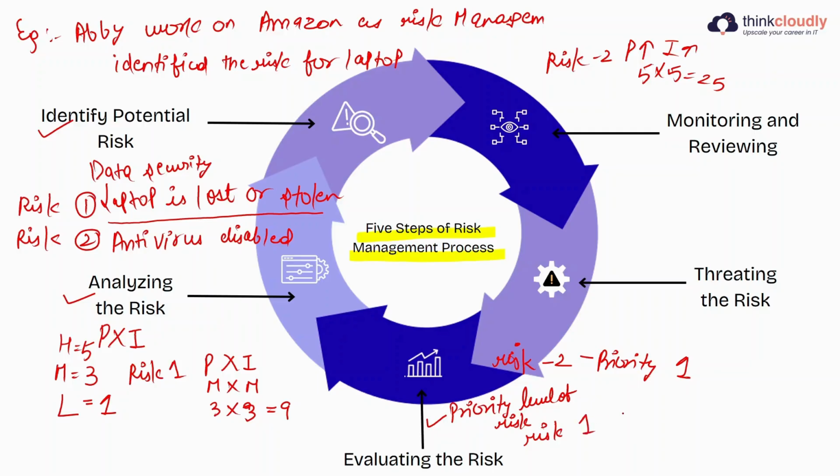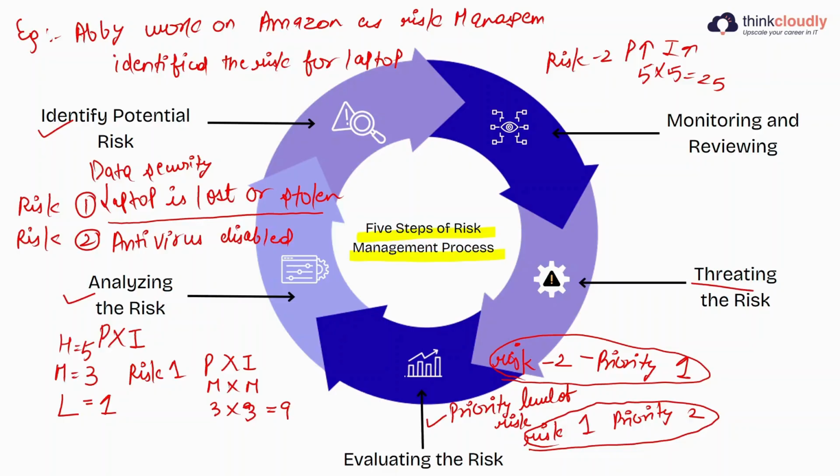And give priority 2 to risk number 1, because its value is less, that is 9. So the company will first focus on addressing risk number 2, antivirus getting disabled. They will first use their time and energy to think on this one.